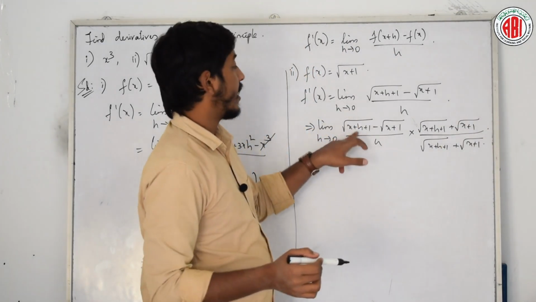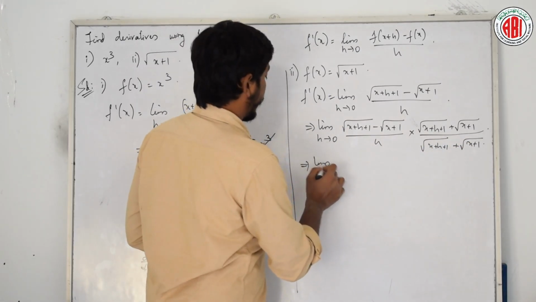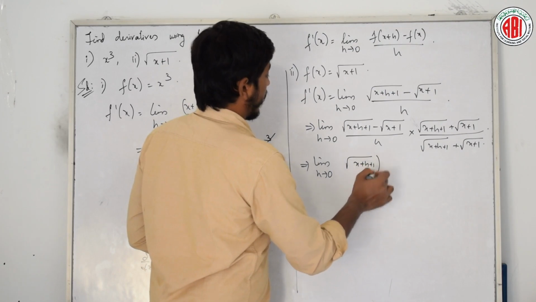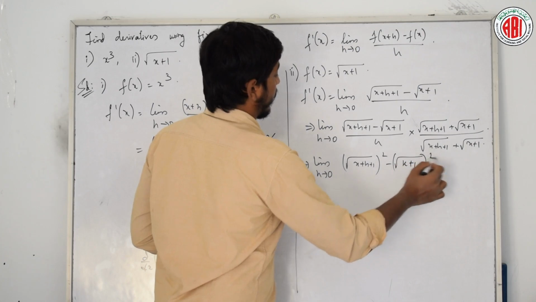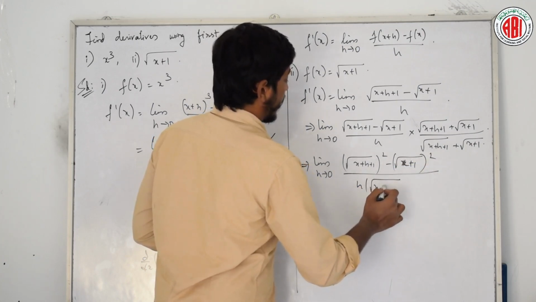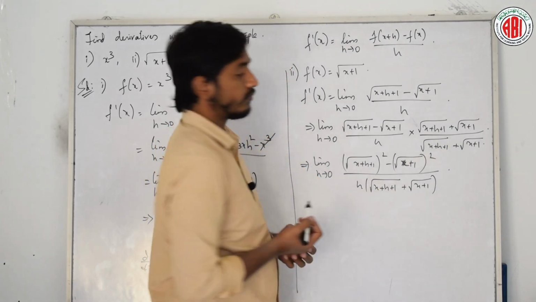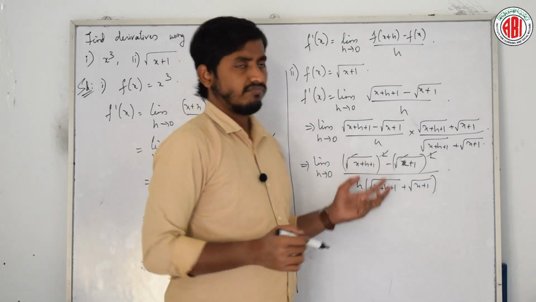Clear? Now see here, a minus b into a plus b, what will it become? That will be a square minus b square, divided by h into under root x plus h plus 1 plus under root x plus 1. Is it clear? Just cancel these, then simplify it.